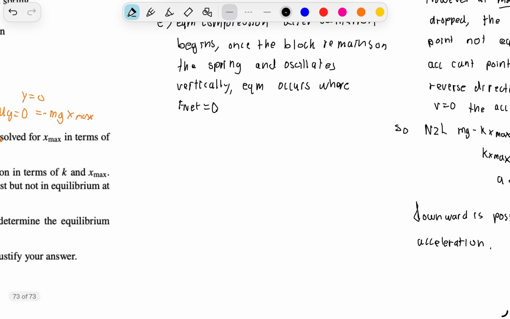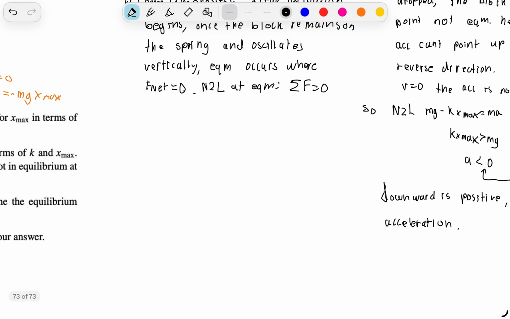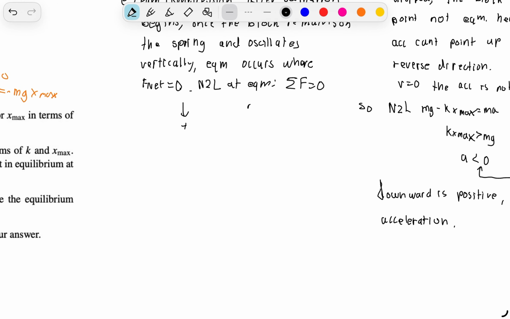And when we have Newton's second law at equilibrium, forces are 0. Downward is positive. So mg is equal to k x e, and we have x e equal to mg over k.